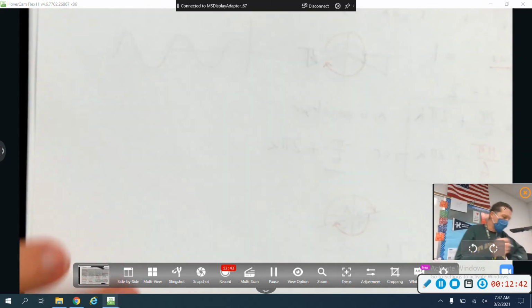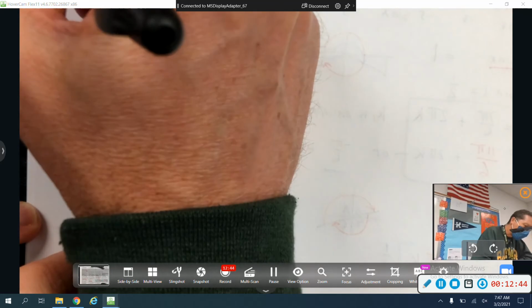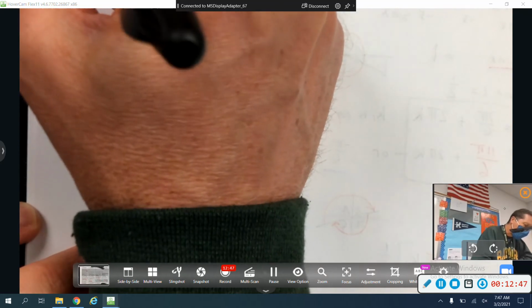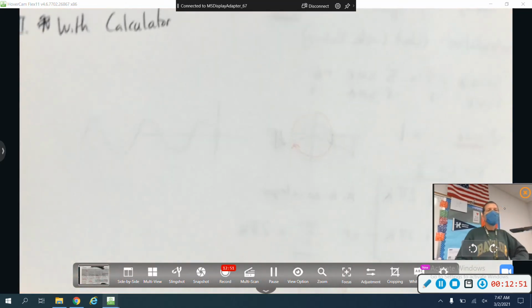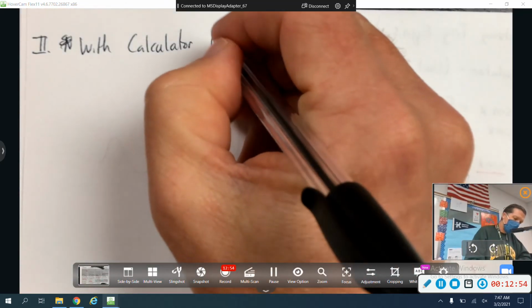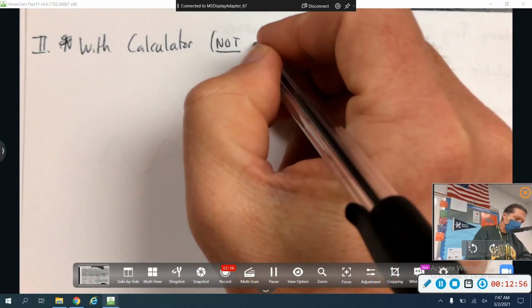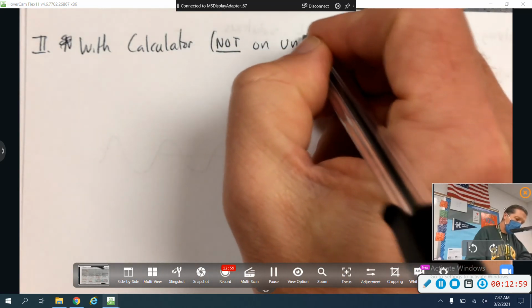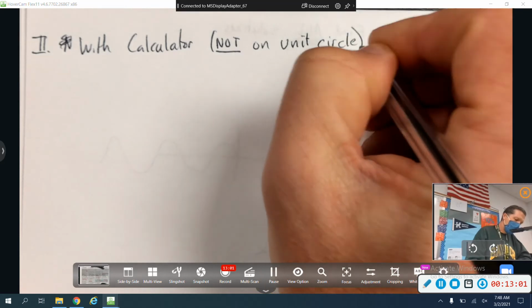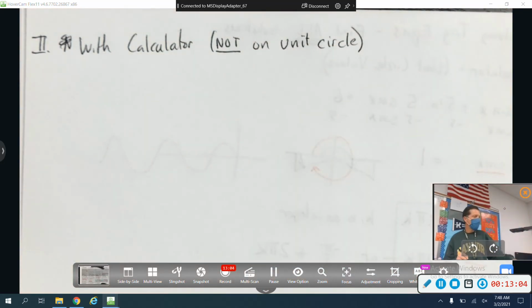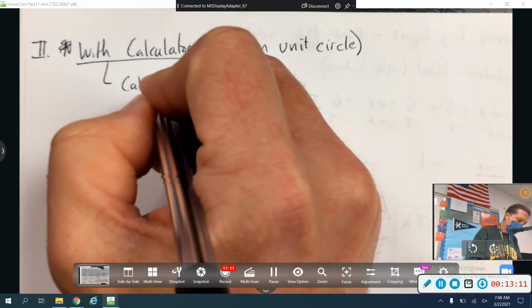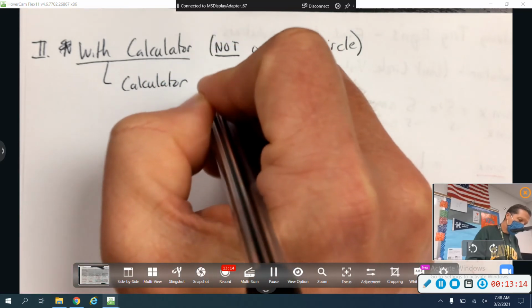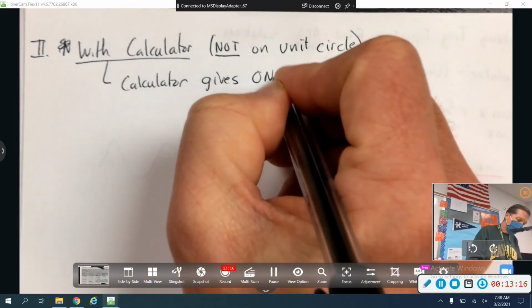Let's move on to the with calculator section. So these will not be on the unit circle. The trick with this is that the calculator gives 1 answer.